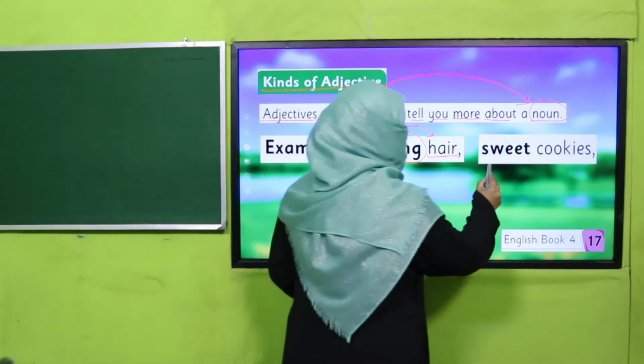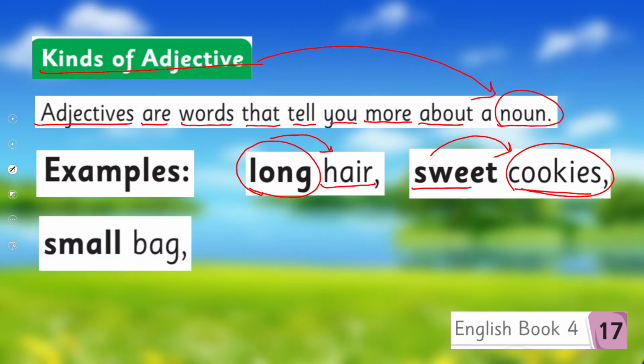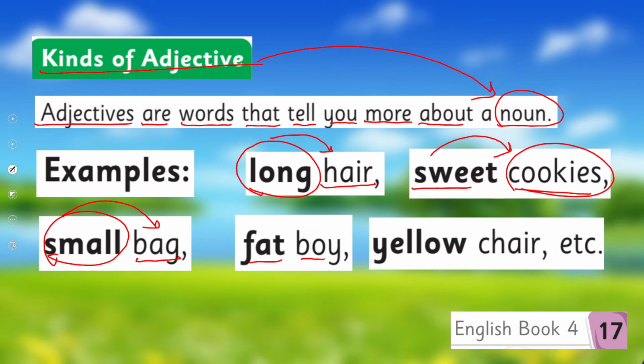Next is sweet cookies. Again, cookies is a noun and this word is telling us the cookies are sweet. Small bag. Again, bag is a noun. Small is an adjective. It's telling us something about the bag. Fat boy and yellow chair. These are the examples of adjectives.